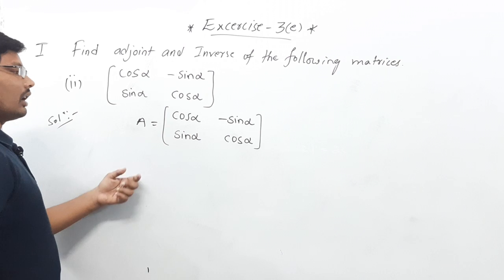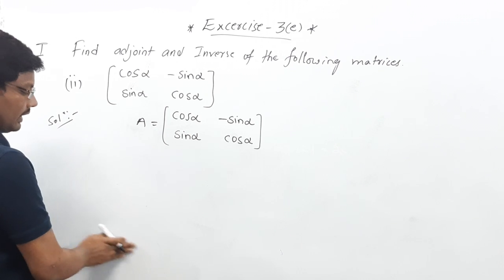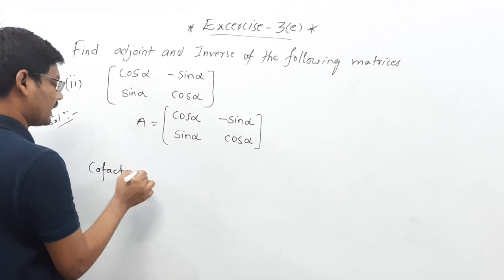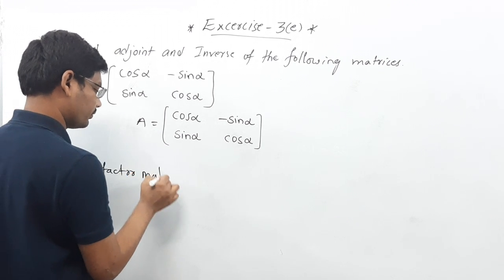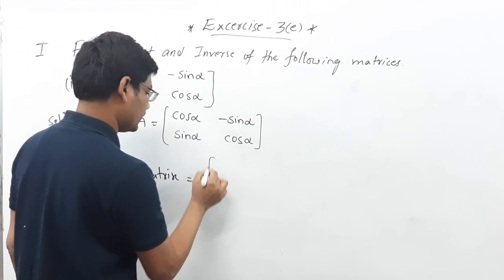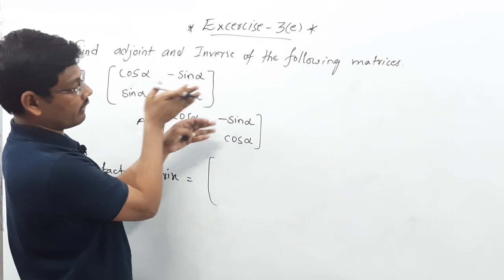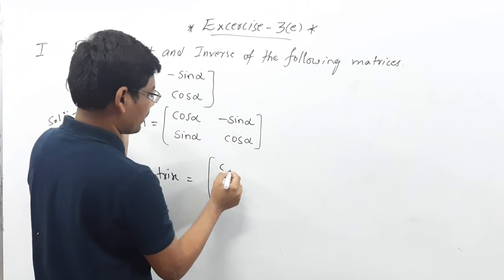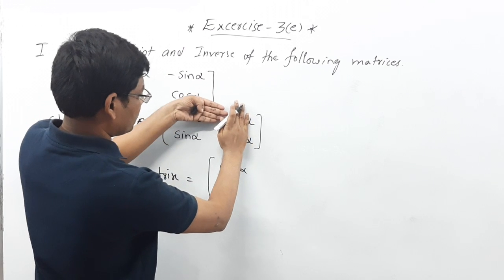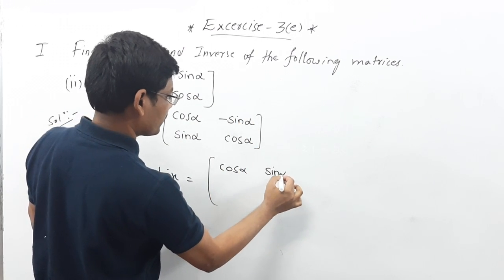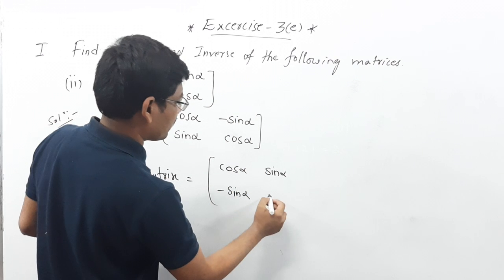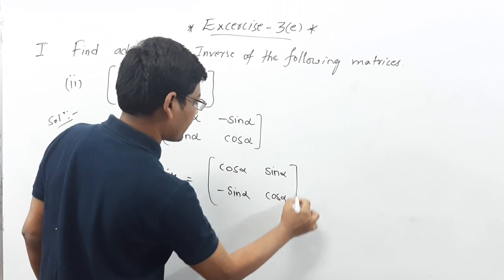Now here we want the adjoint, first the cofactor matrix. What is the cofactor matrix? First we find the cofactor element of cos alpha, that is cos alpha, and for this one it is sin alpha, for this one minus sin alpha, and for this one cos alpha. This is the cofactor.